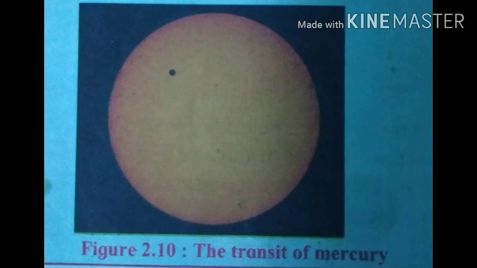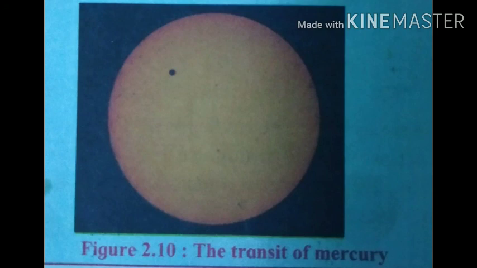The moon revolves around the earth. While doing so, it obscures a star or a planet, and that celestial body appears to hide behind the moon. This is called occultation. The total solar eclipse is actually a kind of occultation.